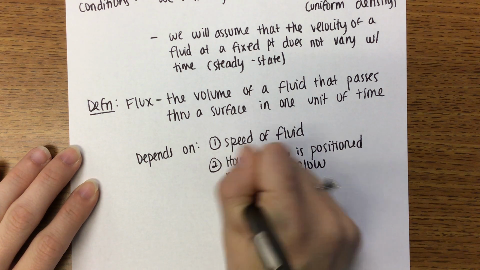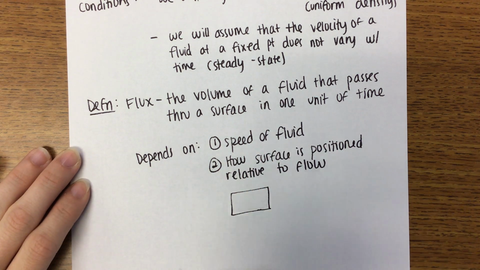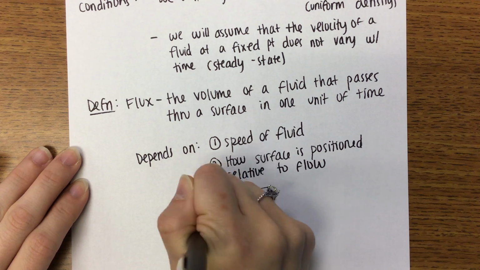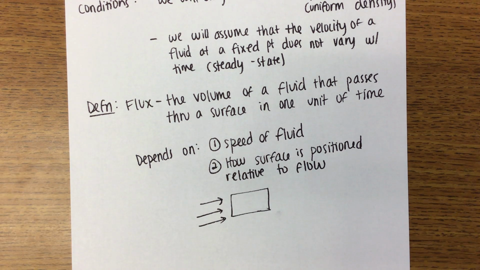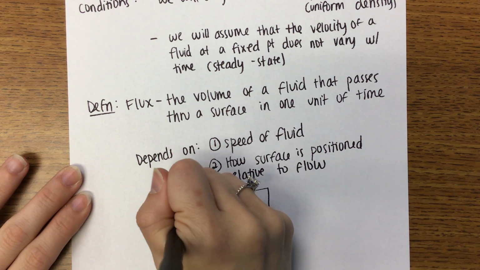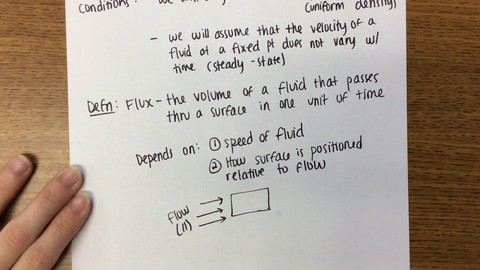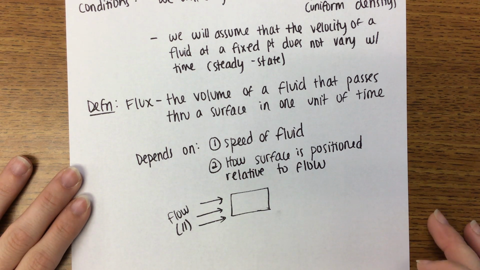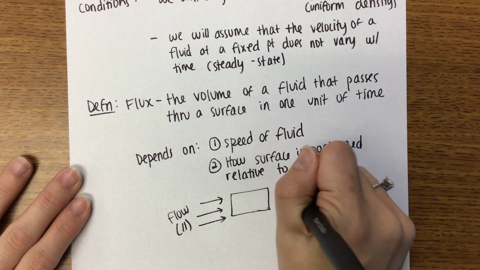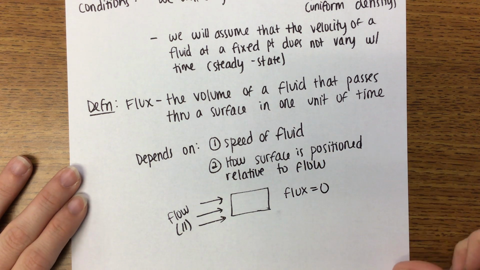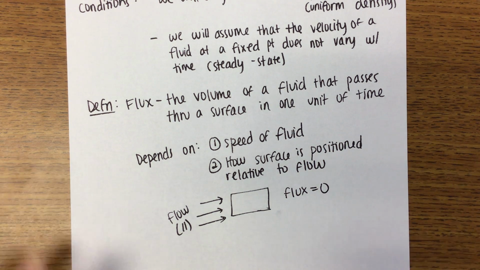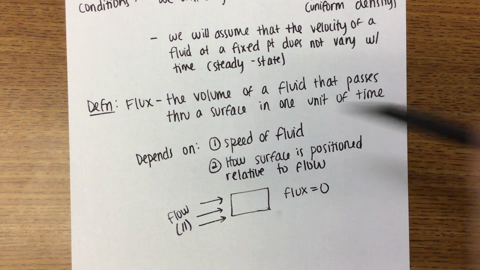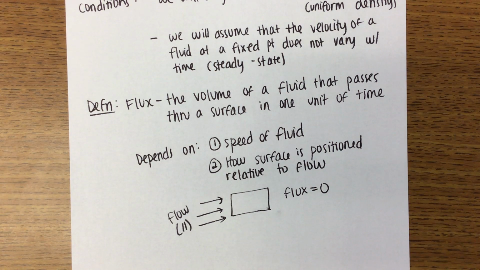Let's say that this is our surface, and this is our flow. So in which case, the flow is parallel to the surface. In this case, the flux is 0. Nothing gets through. Does that make sense? If our fluid was flowing this way, right over our surface, nothing's going to get through the surface.